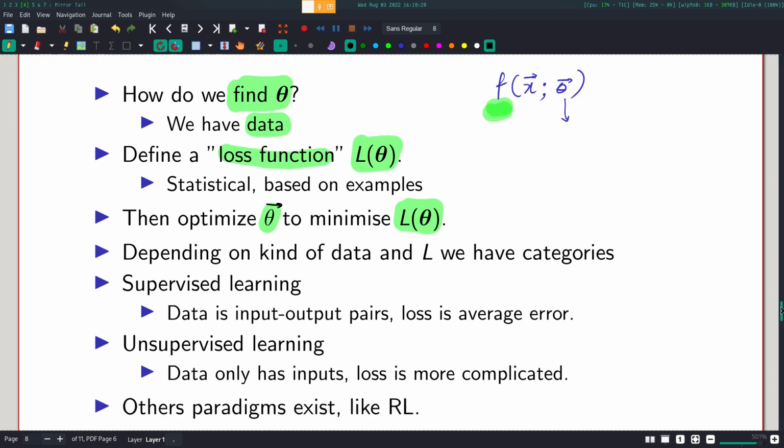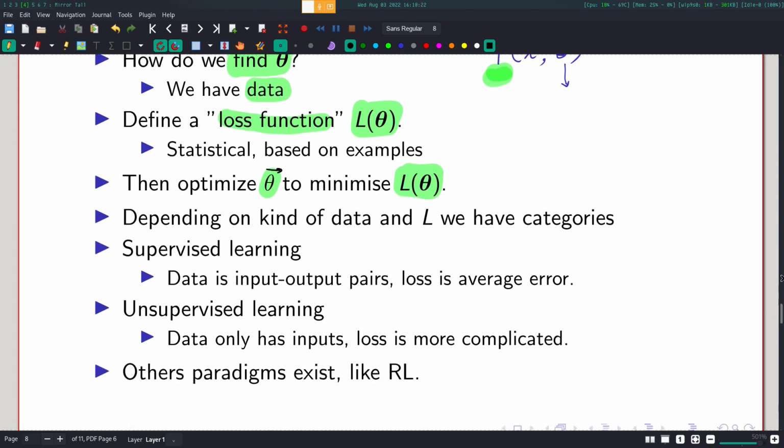So how do you define L? That is actually in some sense the crux of a lot of ML algorithms, and it's a case by case thing. It's somewhat complicated, but we'll look at a very general class of things called supervised learning. In general, depending upon how we define L, we have a few categories. So first is this thing called supervised learning. Remember, whenever we're defining L, what we're trying to do is get some statistical measure of how well we are performing on whatever examples that we have, right?